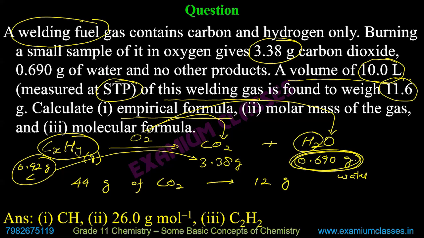The definition of mole is 1 mole is equal to 22.4 liter of a gas at STP. And 1 mole in grams is also equal to its molar mass. So I'm explaining it, understand? 1 mole is equal to 22.4 liter of gas at STP.